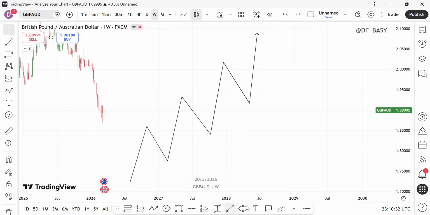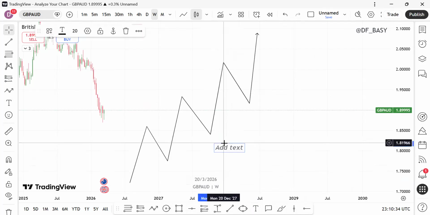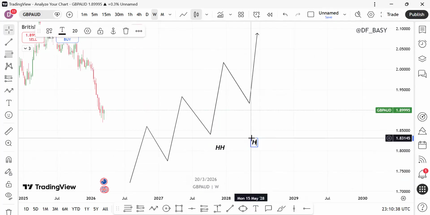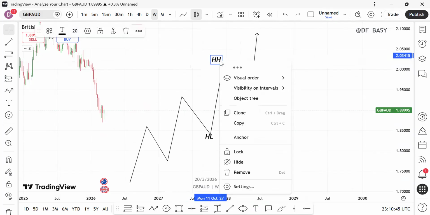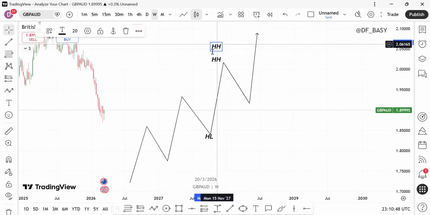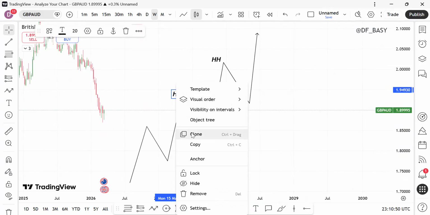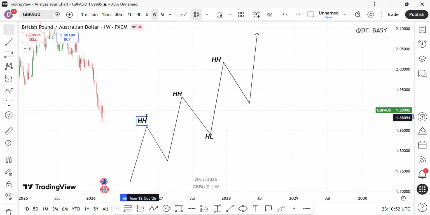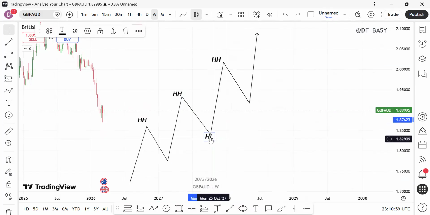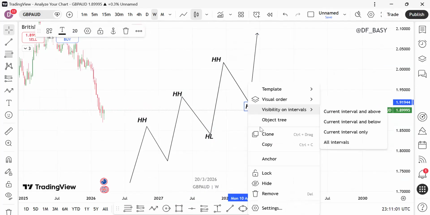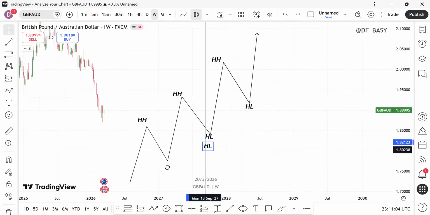So basically, in a bullish trend you're looking for higher highs and higher lows. So this would be a higher low, and this will be a higher high, higher high, and you have this higher low and higher low.